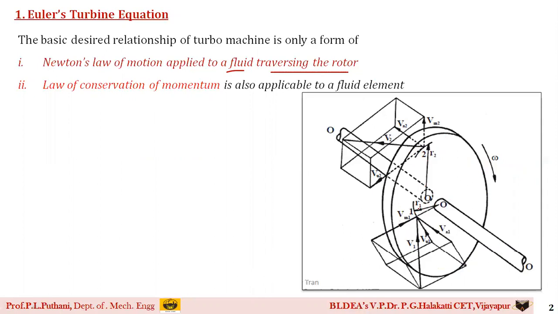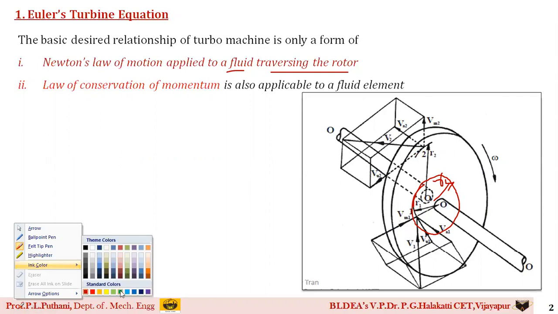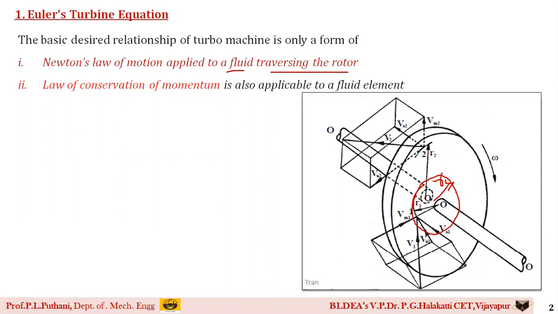When the fluid enters at point 1, this is the inlet, and it is traversing along this radius, which we call radius R1. Similarly, when it comes out of the rotor at point 2, it is traversing along the outer radius, that is radius R2.